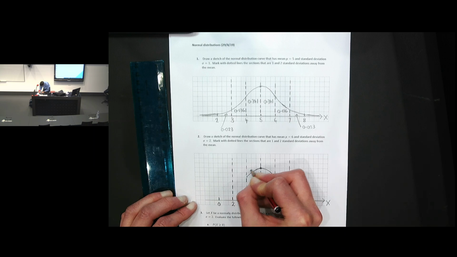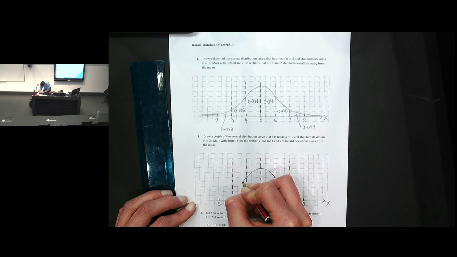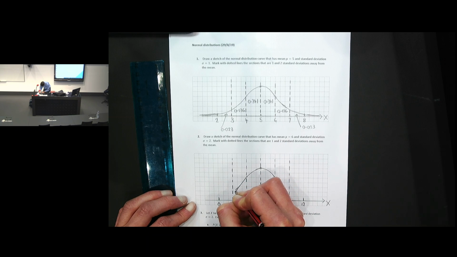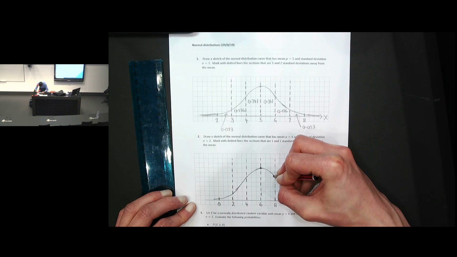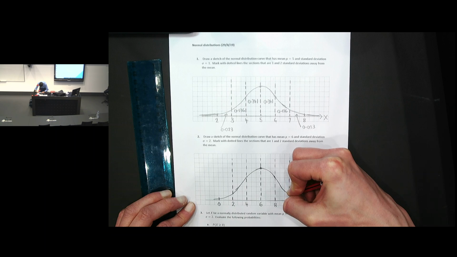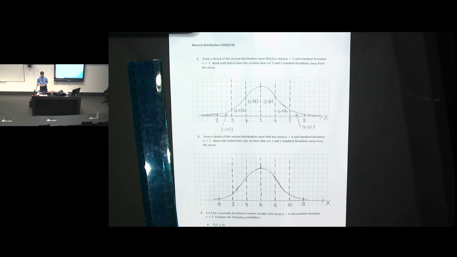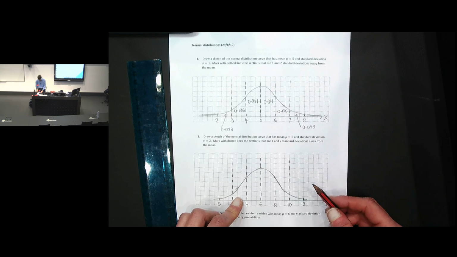And then at 1 standard deviation away from the mean on either side, this curve just has to start going back the other way again. Something like that. So really, it just looks exactly the same as I had before.